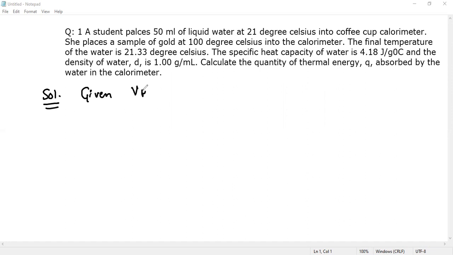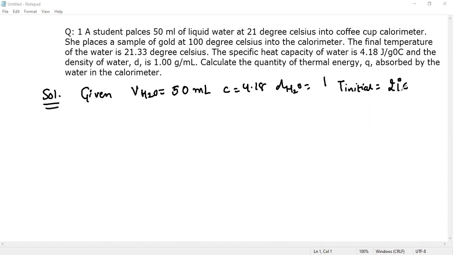So given is the volume of water, which is 50 ml, and then we have the specific heat capacity value 4.18. Then we have the density of water, D, which is 1, and then we have the initial temperature, T initial, which is 21 degrees Celsius, and the final temperature, T final, which is 21.33 degrees Celsius, right?